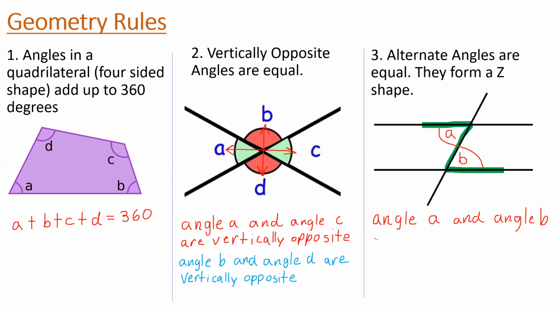They are alternate angles. What do we know about alternate angles? They are equal. They make a Z shape and they are equal.